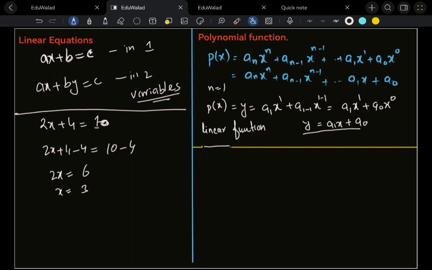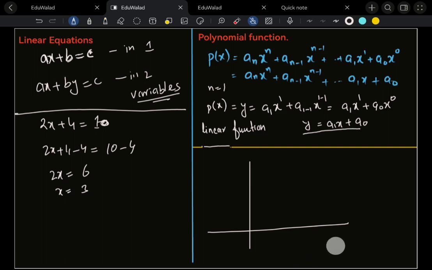If you plot on a 2D plane, this 2D plane can also be read as the xy plane or coordinate plane. We can plot this for the value of x, because here there is only one variable.